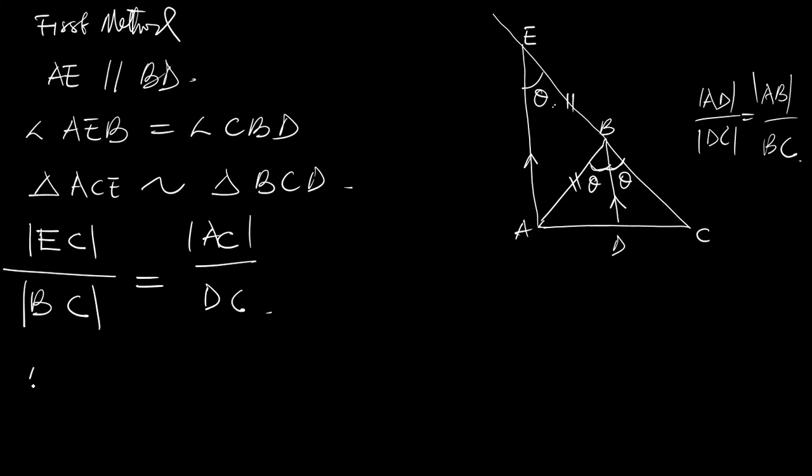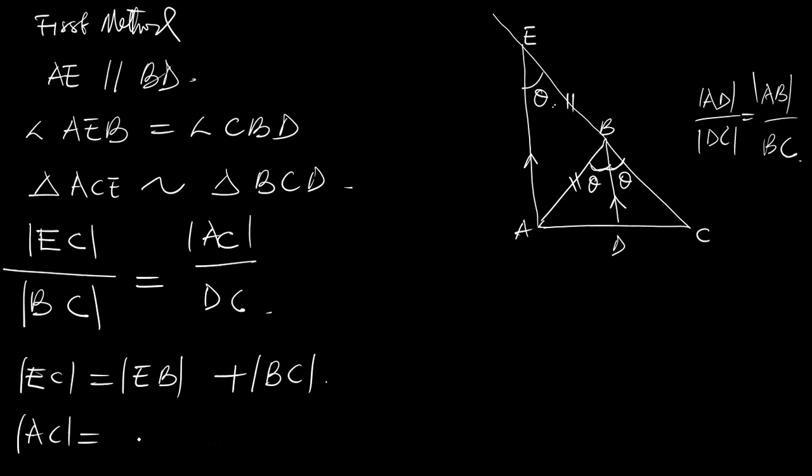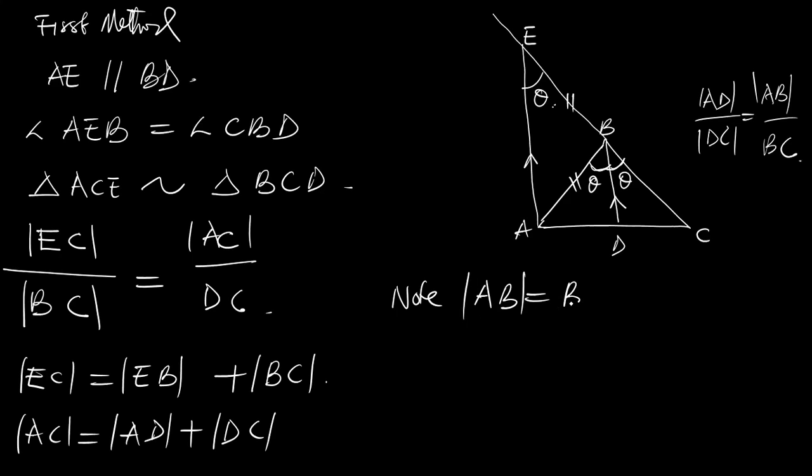Now, EC is equal to EB plus BC, while AC is equal to AD plus DC. Also note that AB is equal to BE.